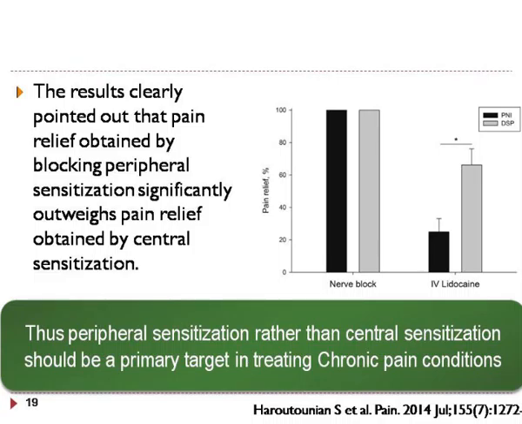Systemic lidocaine did not give the benefit which was achievable by topical lidocaine application. So this experiment again proves what we have said, that it is better to hit the peripheral sensation than the central alone.